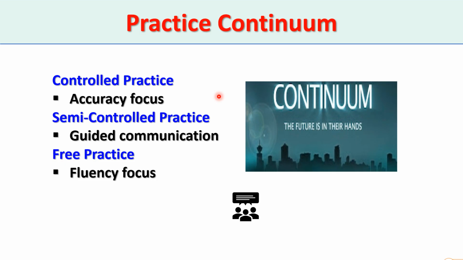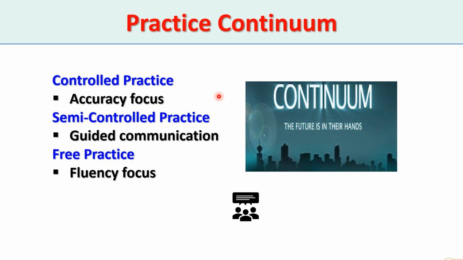For example, when teaching the future tense, the lesson begins with control practice. The teacher gives a sentence such as "I will travel tomorrow," and students repeat or complete similar sentences. Next comes semi-control practice, where students make their own plans using will, such as "I will visit my grandparents this weekend."